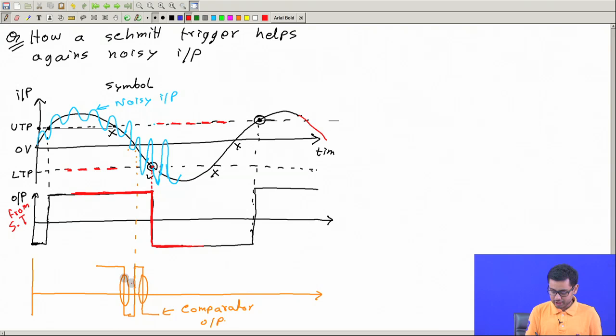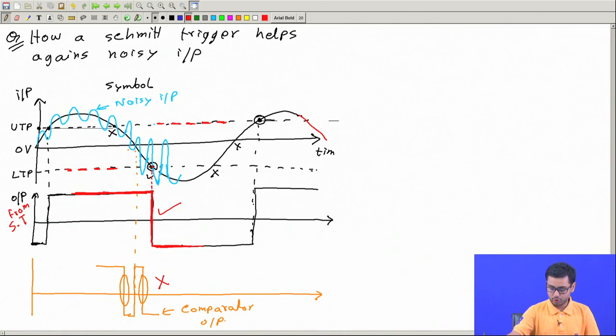But if we use a normal comparator, we are getting 2 edges here, or we may get more edges depending on the noise. The Schmitt trigger ensures there is only 1 edge here. So that's how the Schmitt trigger helps in proper counting in a frequency meter. So this is fine, this is not fine.